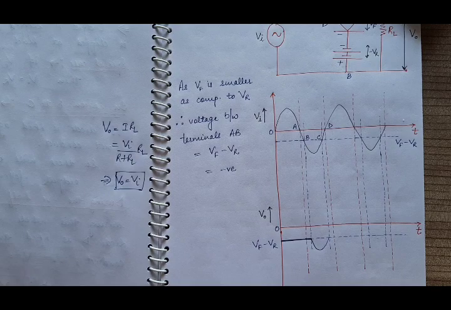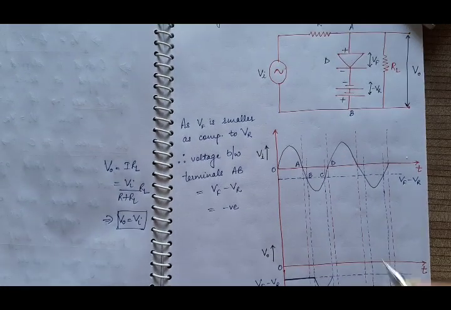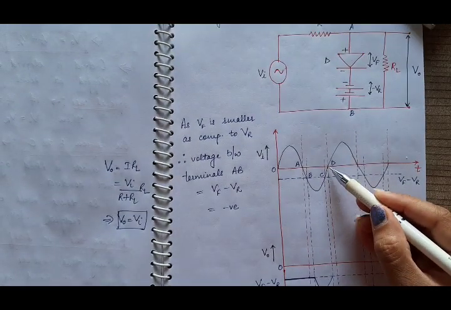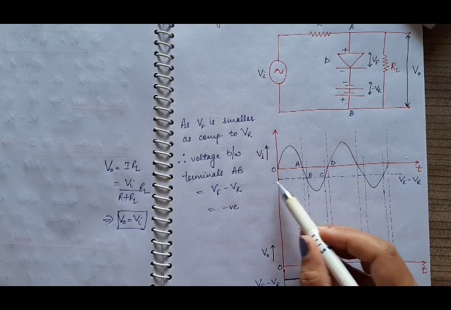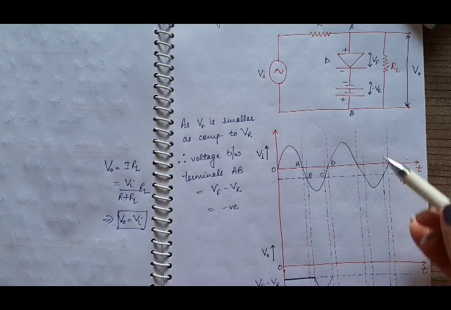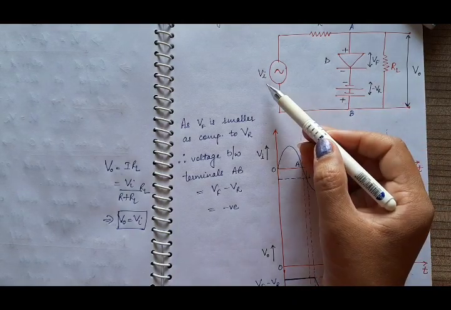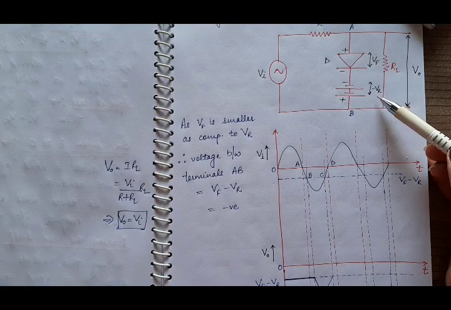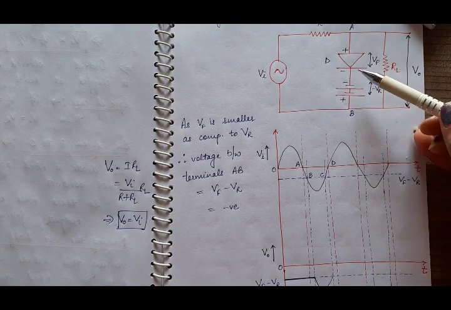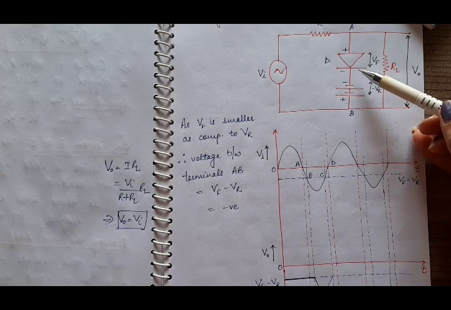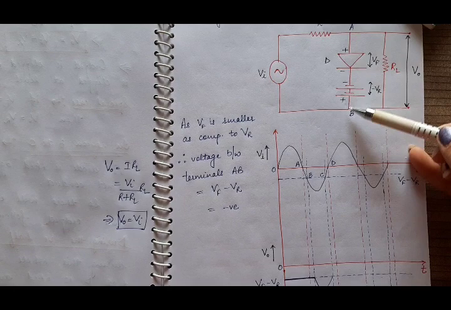Then again in region C to D, you can clearly see that our Vi has become less negative than Vf minus Vr. So again Vr will dominate over Vi, and it will forward bias this diode, and the diode will start conducting. Current will flow through this diode and through terminals AB.